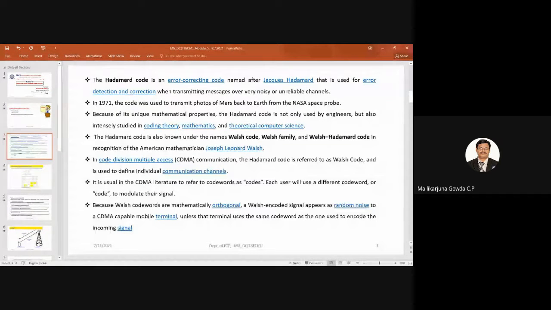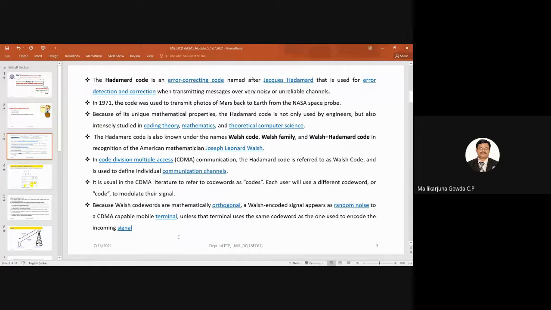Okay. So as I said, this Hadamard code is known as an error correcting code, named after the inventor J. Hadamard. It is used for error detection and as well as correction when transmitting messages over very noisy or unreliable channels. Hope you understood the importance of the Hadamard code.